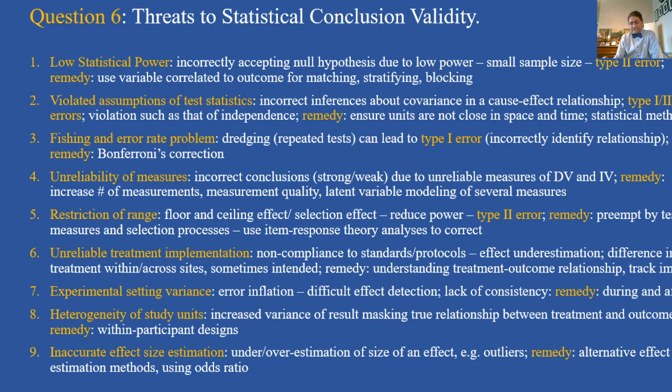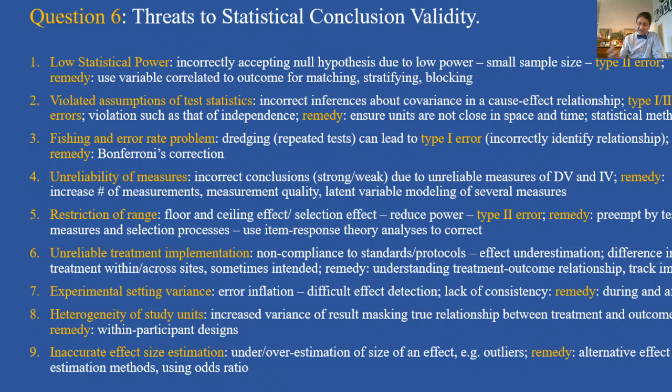Now, threat number 6 is unreliable treatment implementation, which is non-compliance to standards and protocols laid out for the study implementation, which affects effect size estimation and, for example, differences in treatment within units and across sites. Although it should be noted that such variation can be desirable based on study particulars.